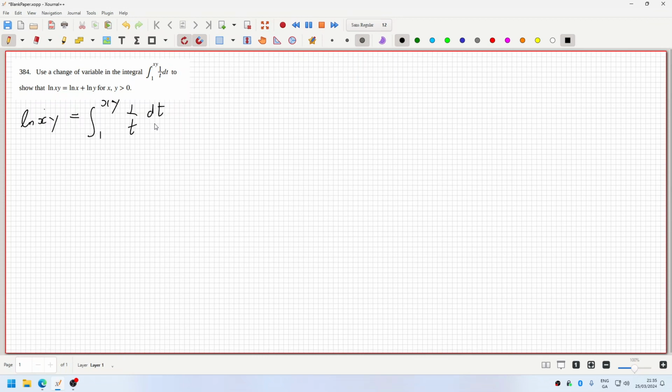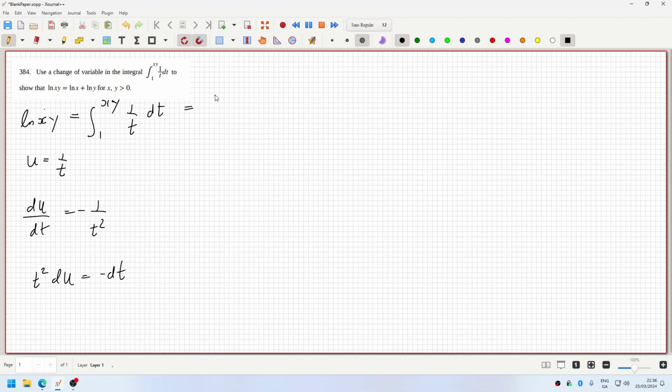Hmm. If I tried u equals 1 over t again, then I would get du dt is minus 1 over t squared. So that would mean that t squared du equals minus dt.